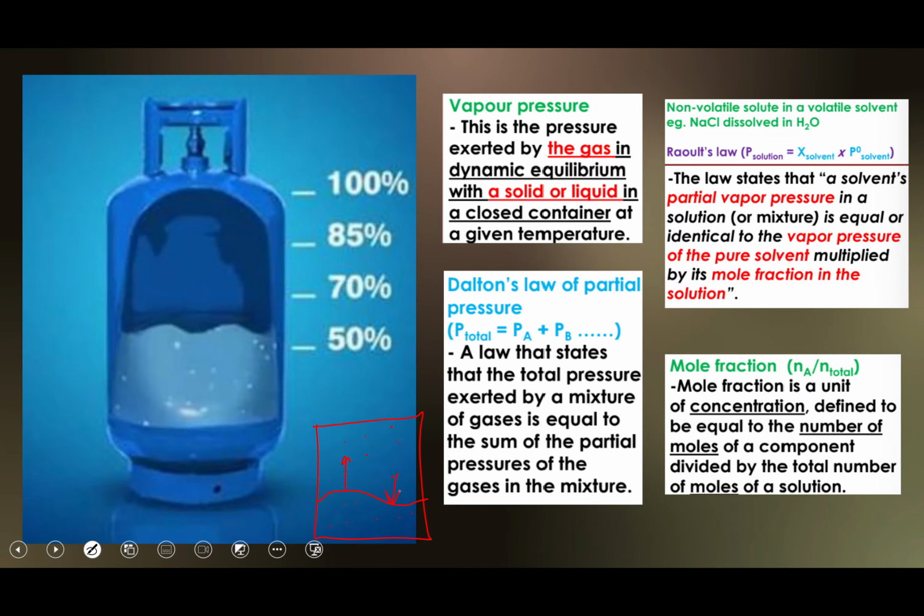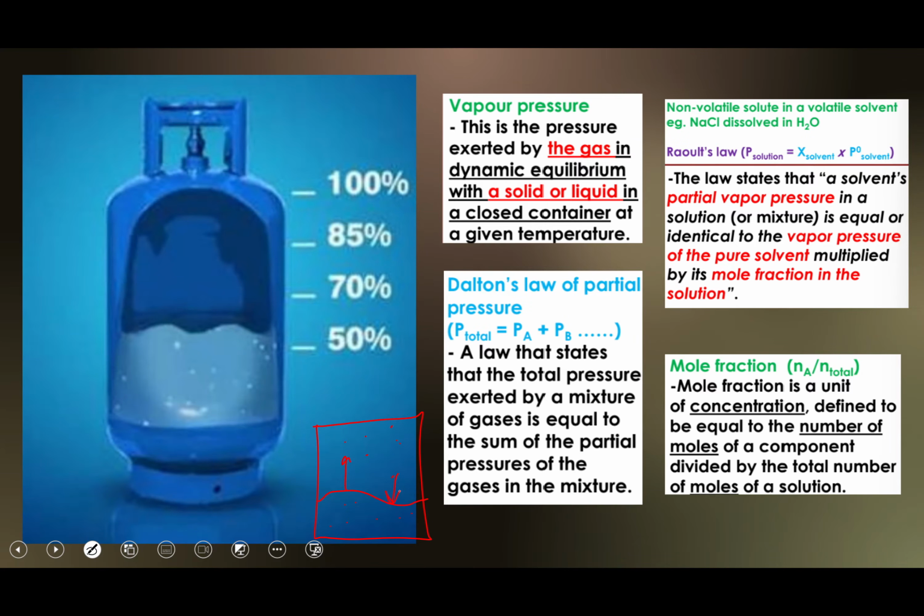So Dalton's law of partial pressure, if we have a mixture of gases. It's a law that states that the total pressure exerted by a mixture of gases is equal to the sum of the partial pressures of the gases in the mixture. So if we put oxygen in a bottle, the total pressure exerted on the walls of the bottle must be equal to the partial pressure of oxygen, nitrogen, argon, all different types of chlorofluorocarbons, all different types of gaseous molecules that exist in the mixture.